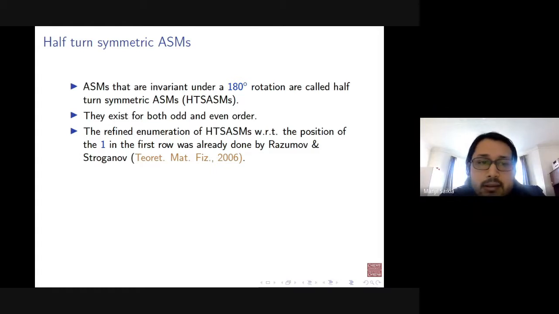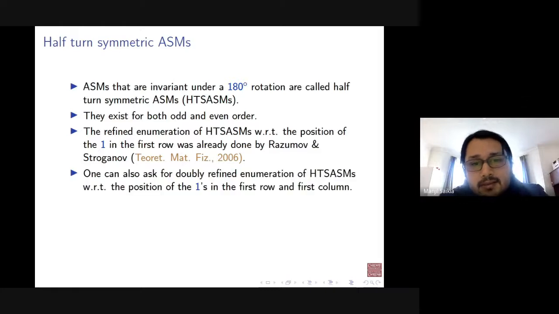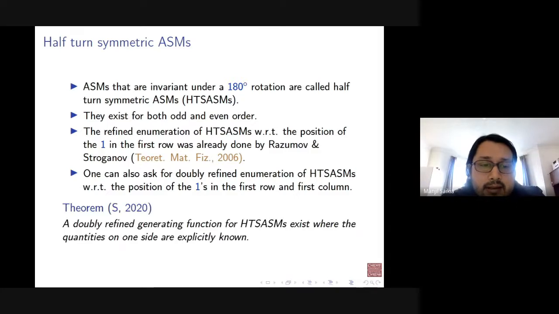But one could do this for half-turn symmetric ASM, where you fix the first row and the first column, and then ask what is the number of half-turn symmetric ASM with respect to this fixed first row and first column. And there is a generating function formula for this, where the quantities are explicitly known. This is similar to the one that I showed for the vertical and horizontally symmetric ASM case.